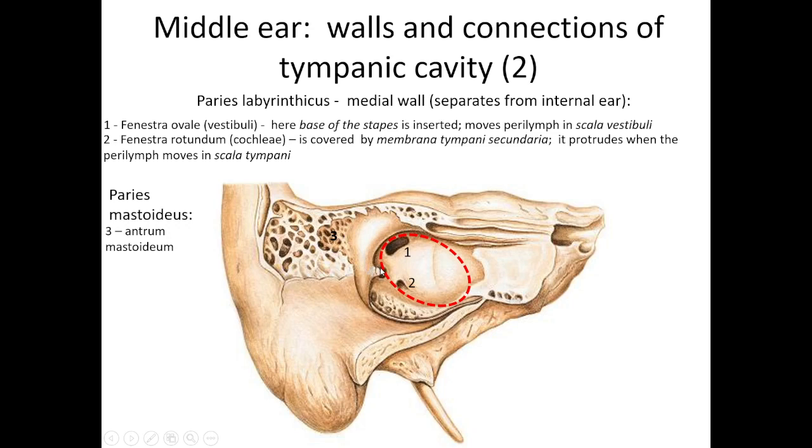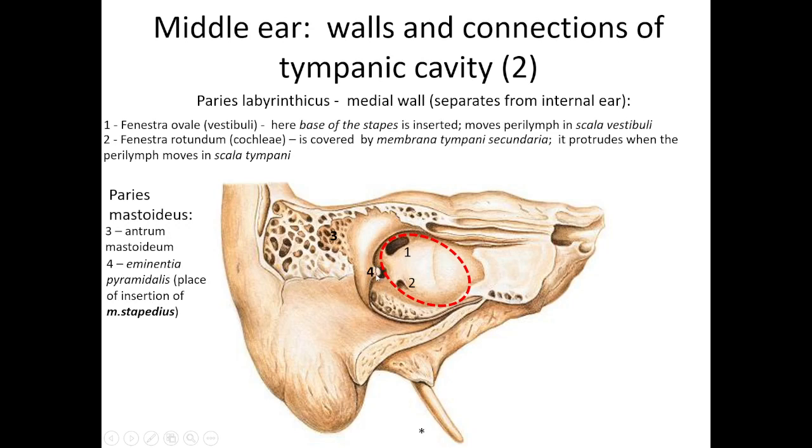And now, this number 4. What is number 4? It's eminentia pyramidalis, the place of insertion of musculus stapedius. Here inserts musculus stapedius. On posterior wall, we can distinguish the eminentia pyramidalis, number 4.